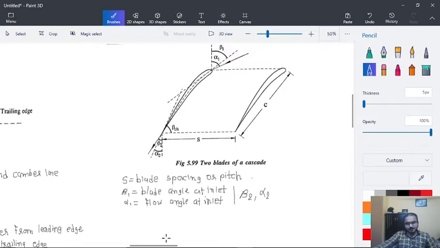The next is alpha 2 minus alpha 1, which is equal to the fluid deflection angle.